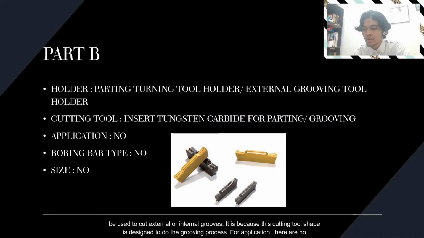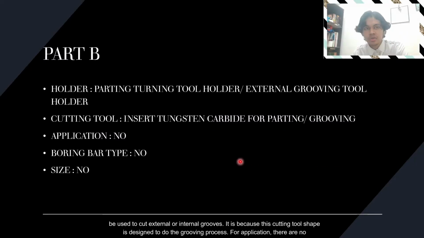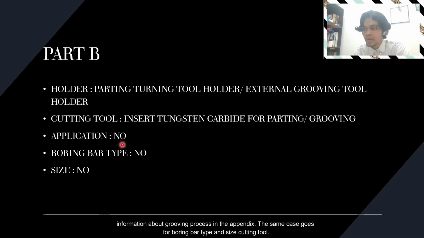It is because this cutting tool shape is designed to do the grooving process. For application, there is no information about the grooving process in the appendix. The same case goes for boring bar type and size.